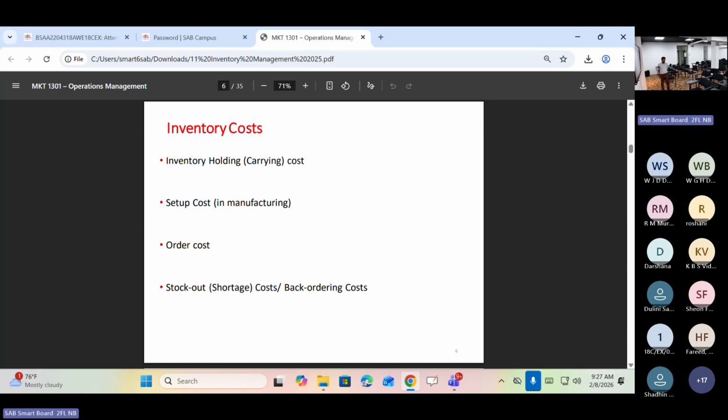The second main type of cost, we call it ordering cost. Whenever a new order is placed and processed, the cost related to that process: sourcing and documentation, order processing, plus even specific transportation costs for each order if that is available, come under ordering cost.